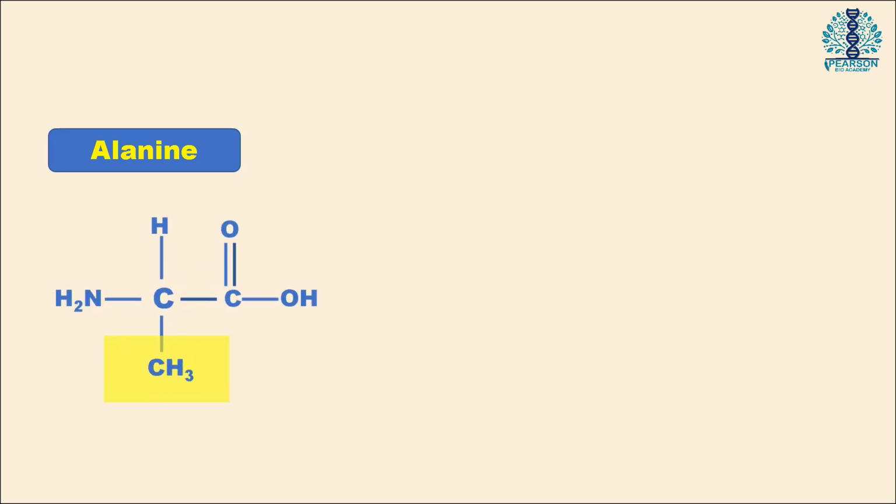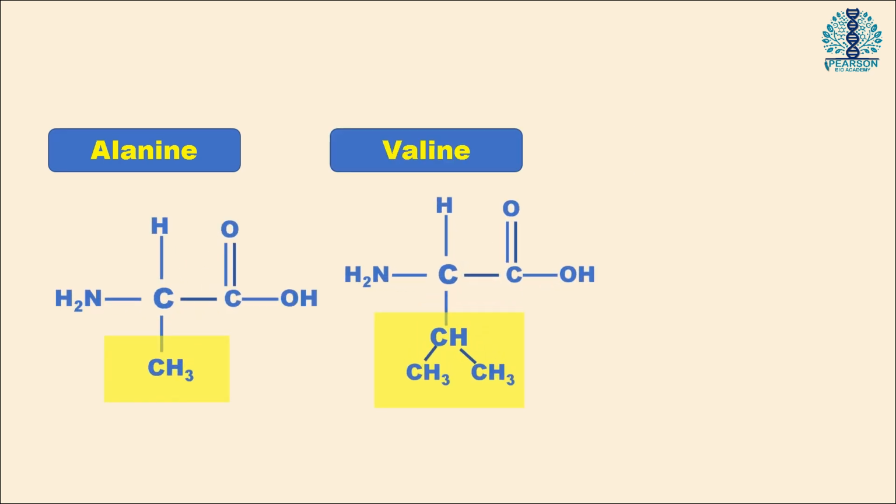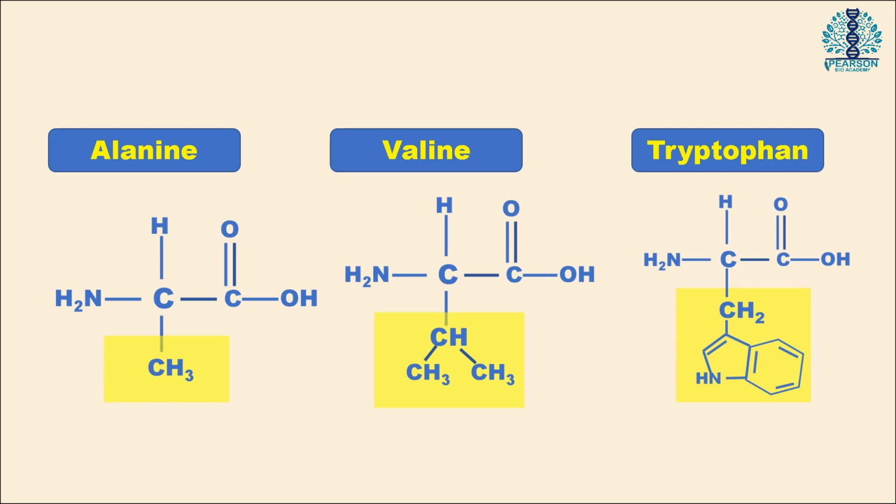We can explore more examples of amino acids with hydrophobic R groups, for instance alanine, valine, tryptophan. These are just a few examples where the R groups exhibit nonpolar or hydrophobic properties.